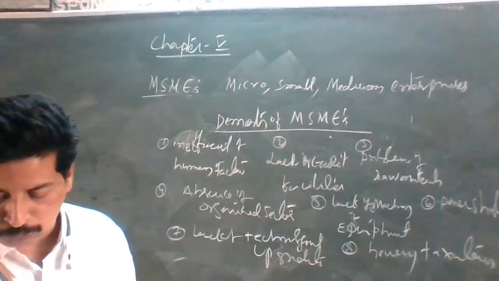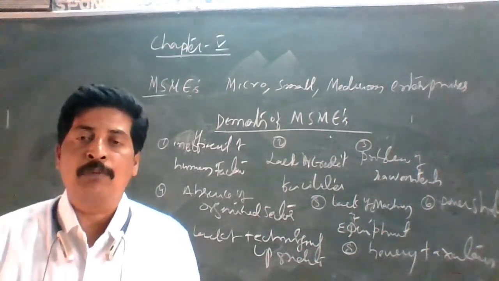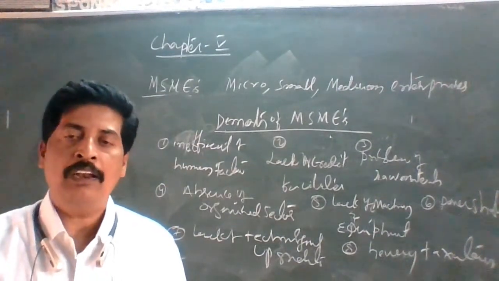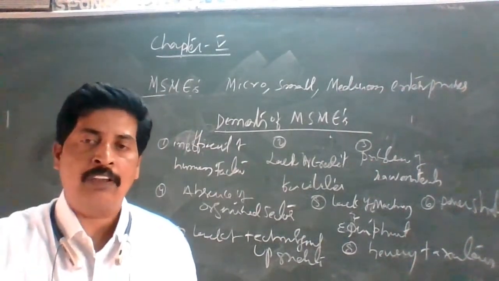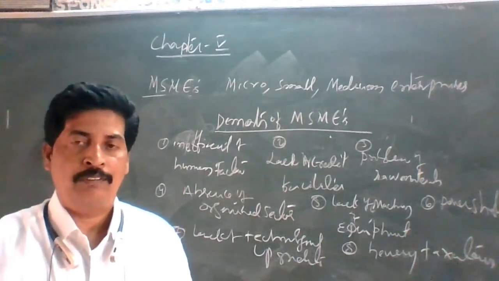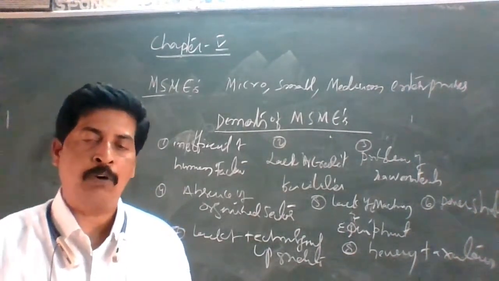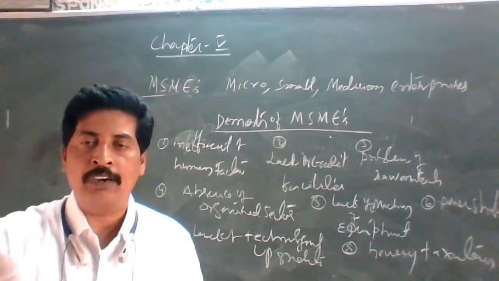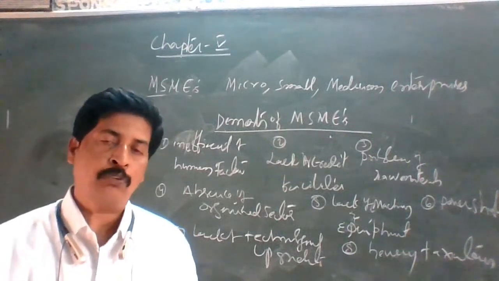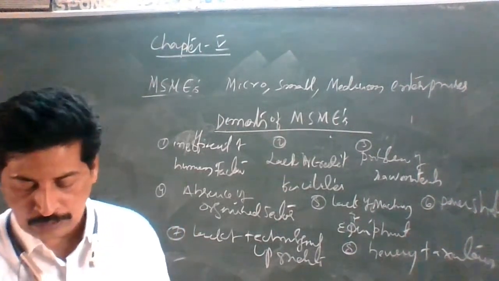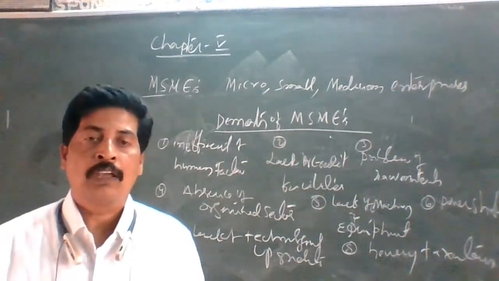These MSMEs also have to bear a heavy burden of taxes at the time of purchase of raw material and at the time of selling their final goods in the market. When they sell their final goods, at that time also they have to pay taxes. When they collect raw material from different places, even at that time they have to pay heavy taxes. So they face heavy taxes also.